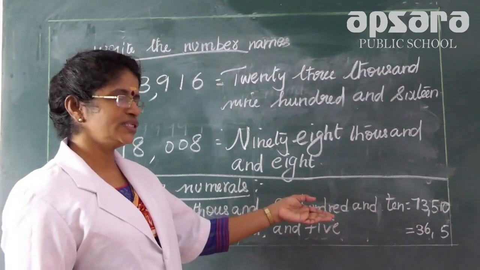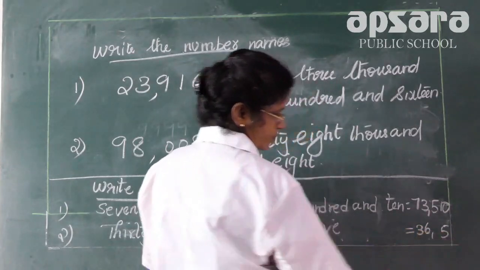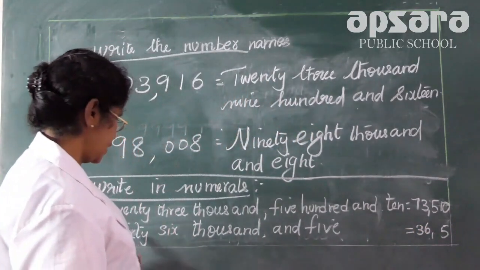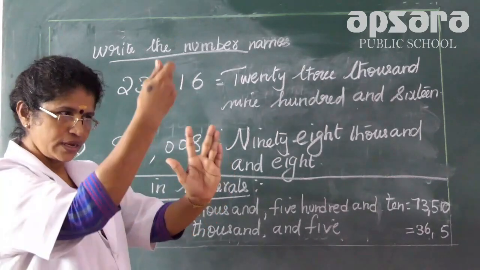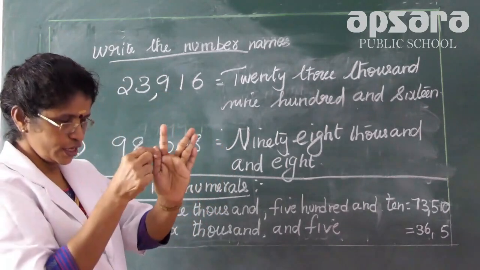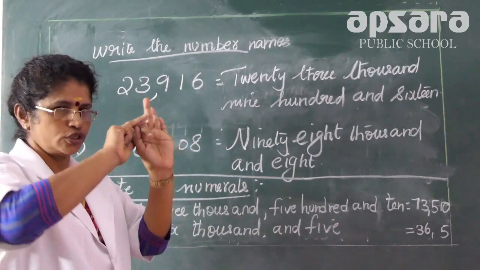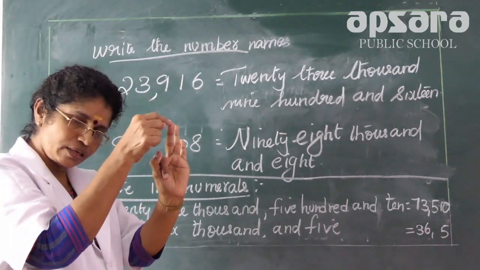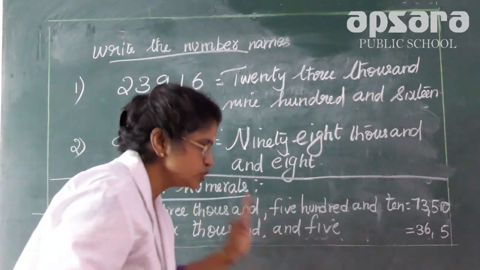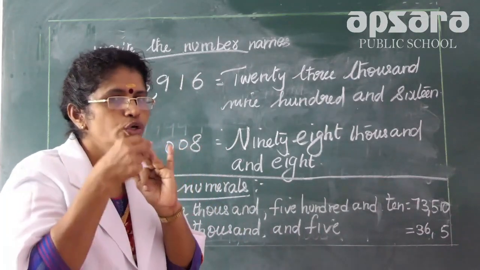Some students, if they write it this way, is it correct? No. So what's missing over here? I told you ones, tens, hundreds, comma, thousand, 10,000. Here 10,000 and 1,000 are present, but hundreds and tens are not there.